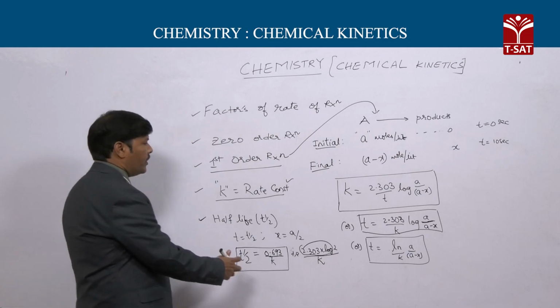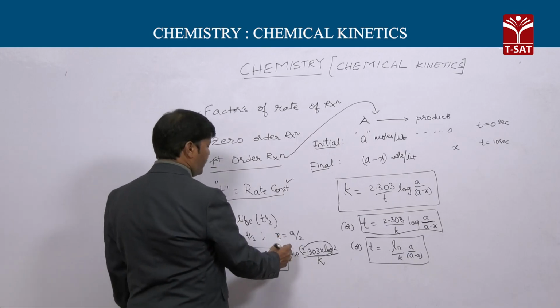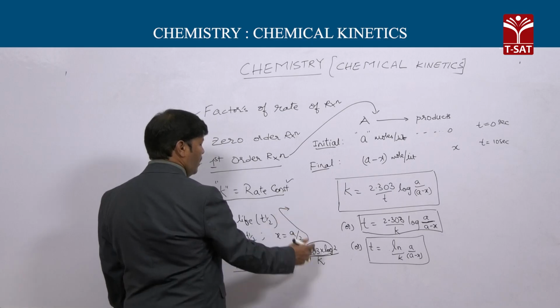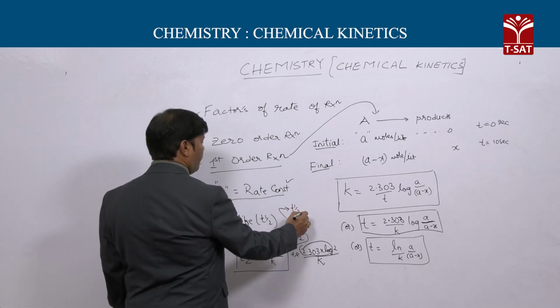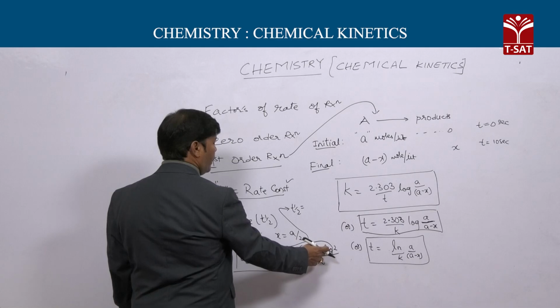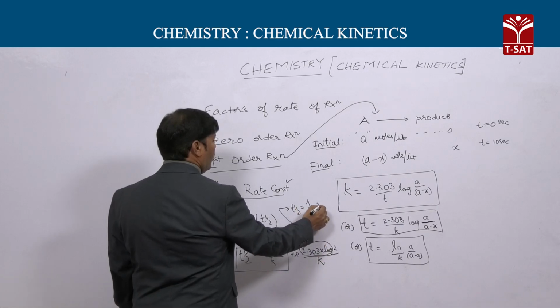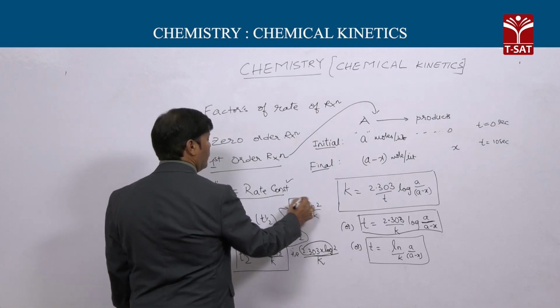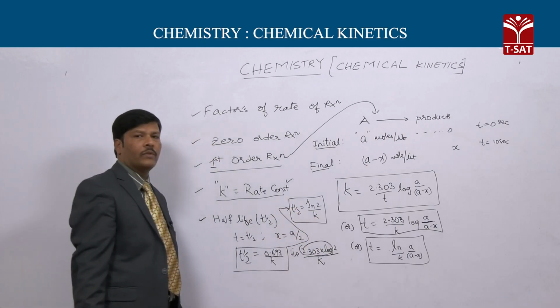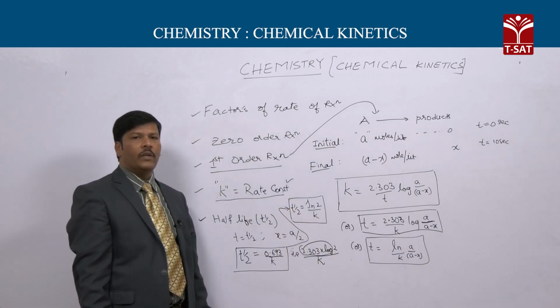So, therefore, T half can also be written as T half is equal to 2.303 into log, which is ln of 2 by K, one more expression which we can use for the half life of the first order reaction.